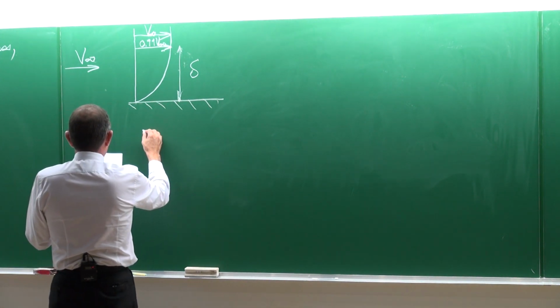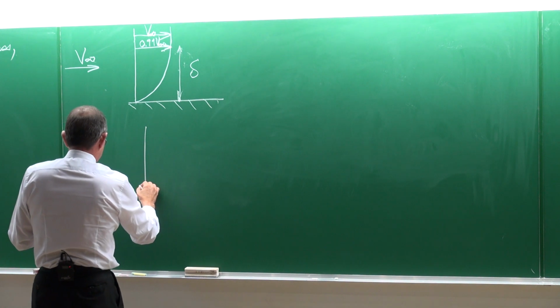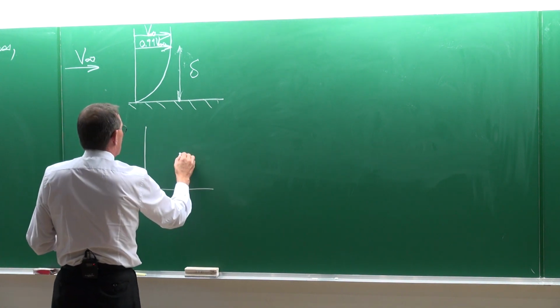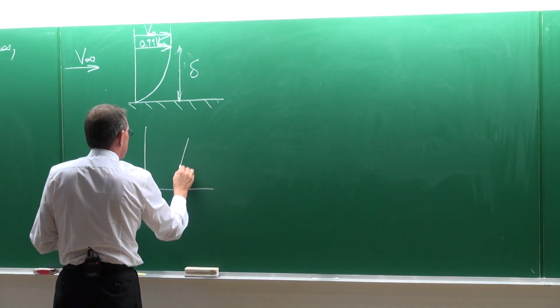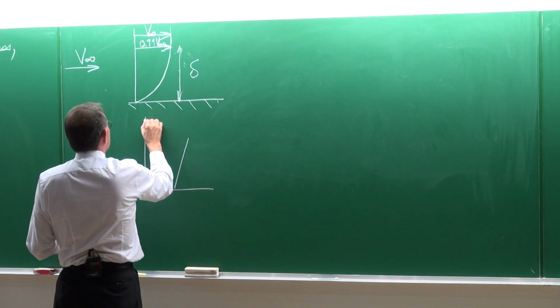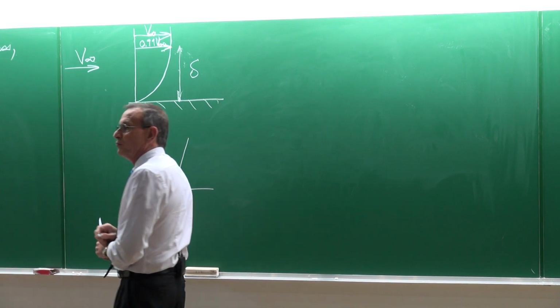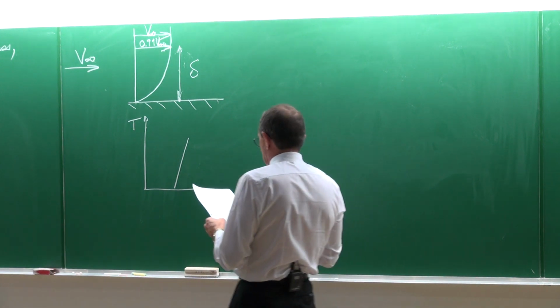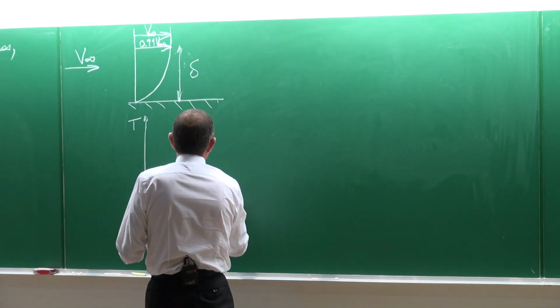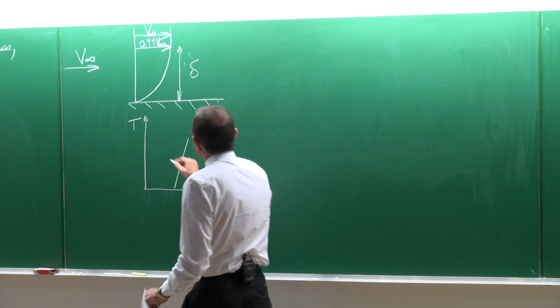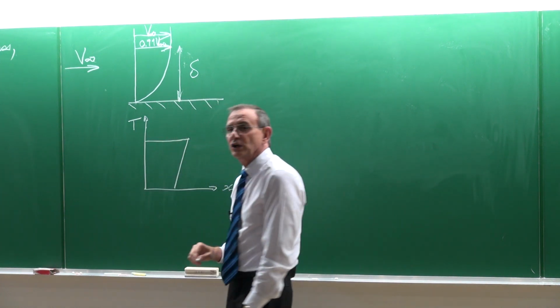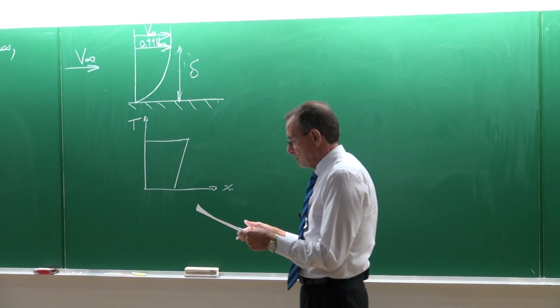Now with heat transfer on a surface, we are going to have something similar but not the same. So if we look at the temperature as a function of x on a surface, then we're going to have a thermal gradient.